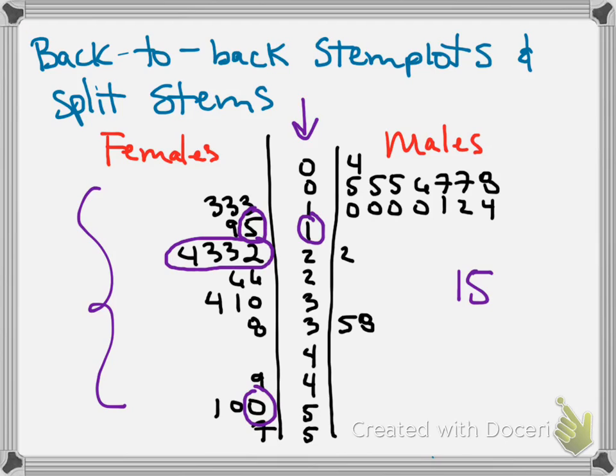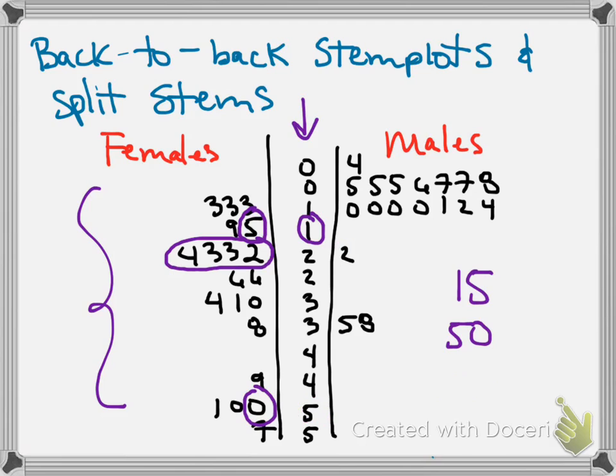Well, that's a female with 50 pairs of shoes, a stem of 5 and a leaf of 0. And then on the male side, you would read it similarly to the way we would read the data from the stem plot that we just created. So for instance, this 2 right here represents a data value of 22. And hopefully that makes sense, but if you're a little bit confused, just let me know and we can talk about it in class tomorrow.